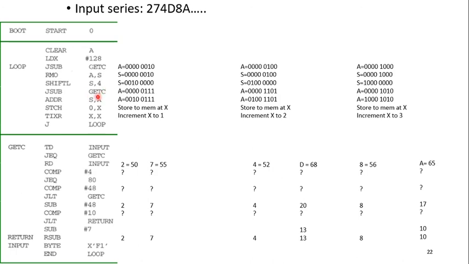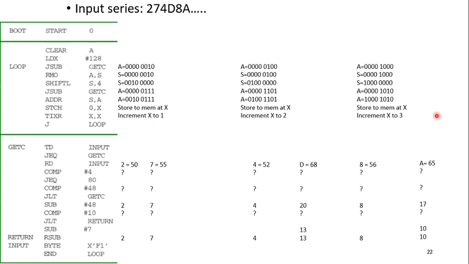Then again get the next number, and when you add both, you get one complete byte character. That is what will be loaded to the main memory, and this process continues further.